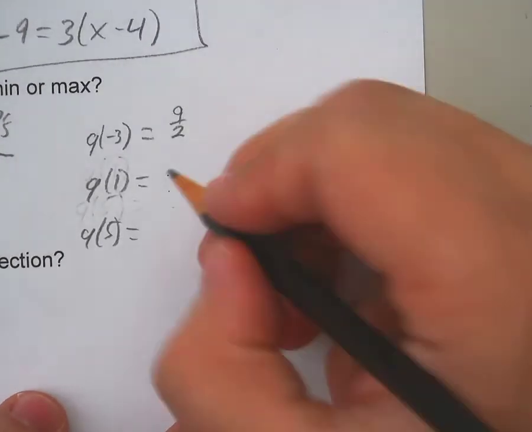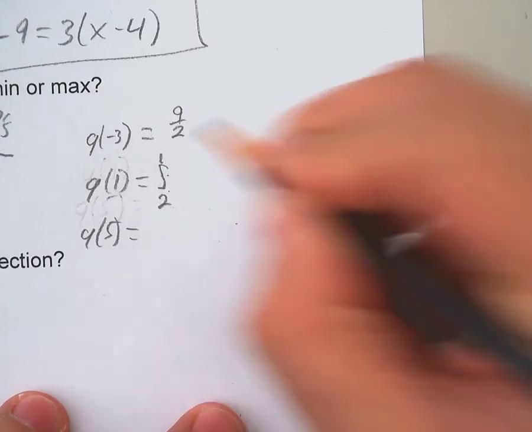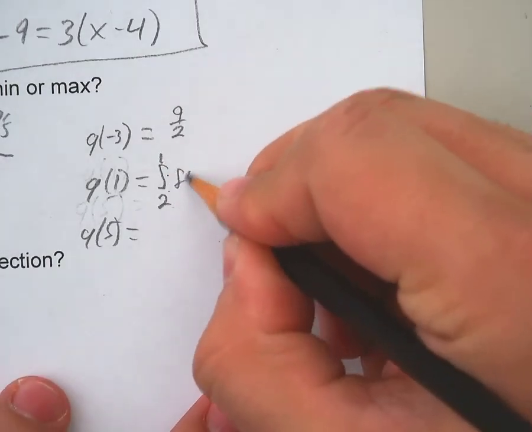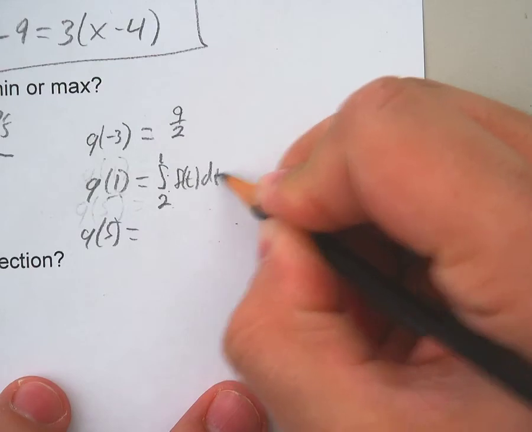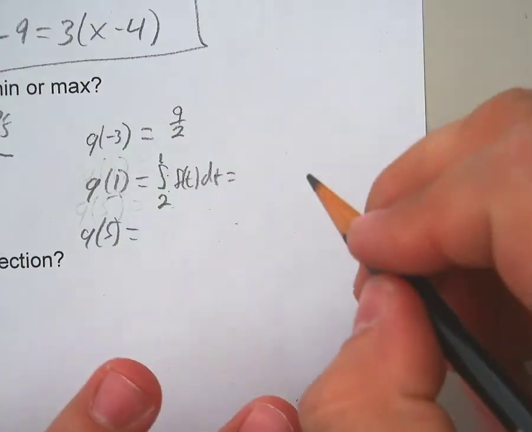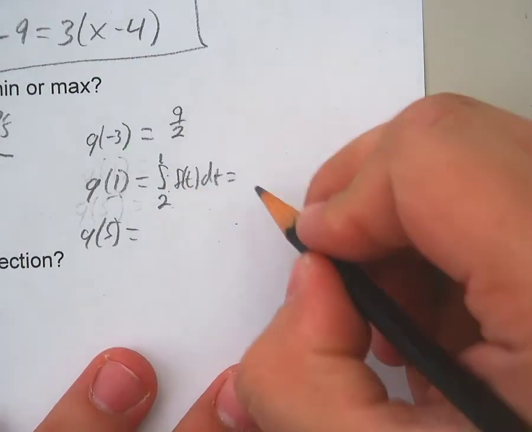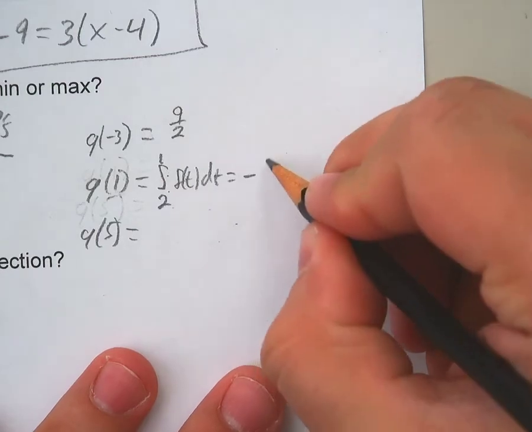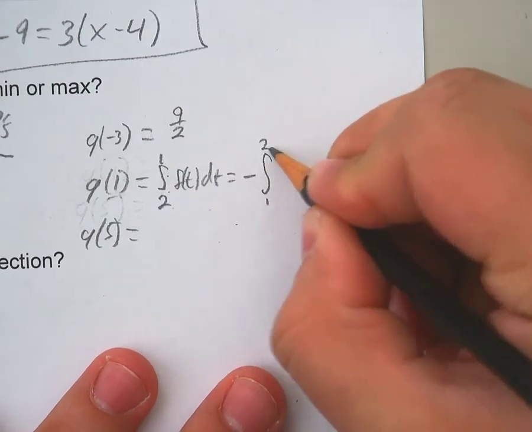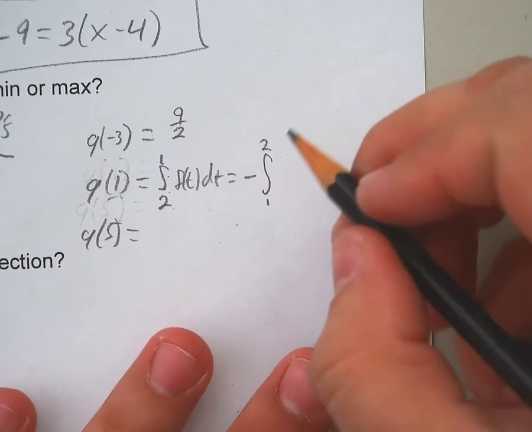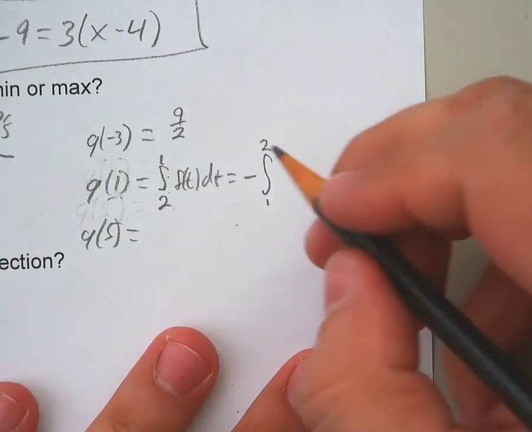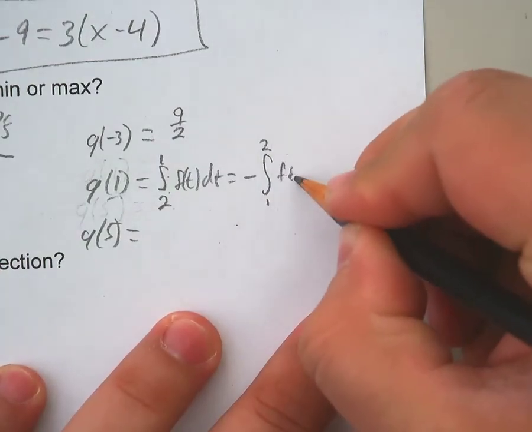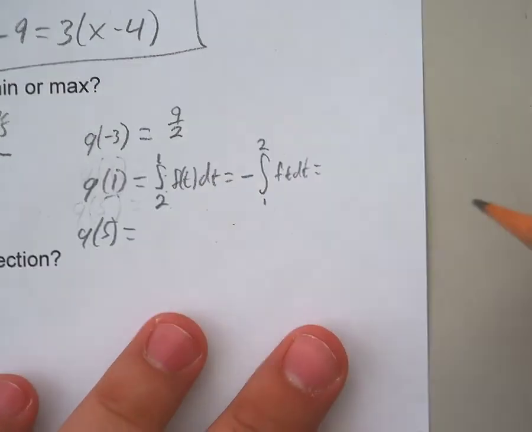G of 1 is the integral from 2 to 1 of f of t dt, which I need to change this actually. It's going to be the negative integral from 1 to 2 of f of t. Sorry for writing so small.